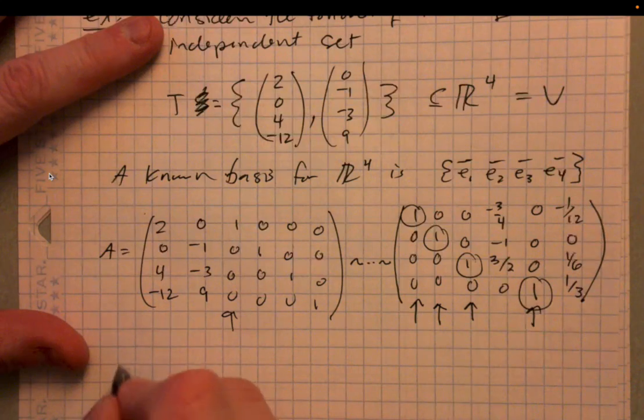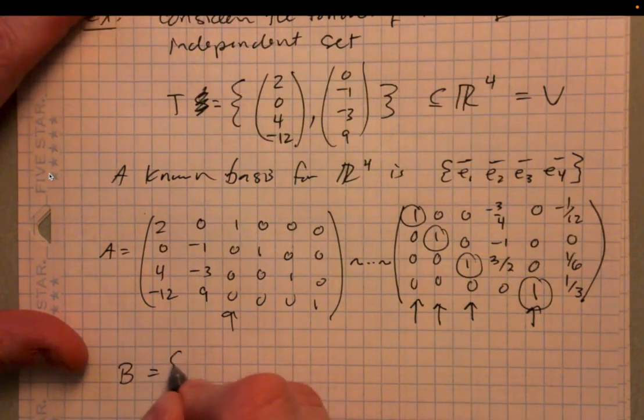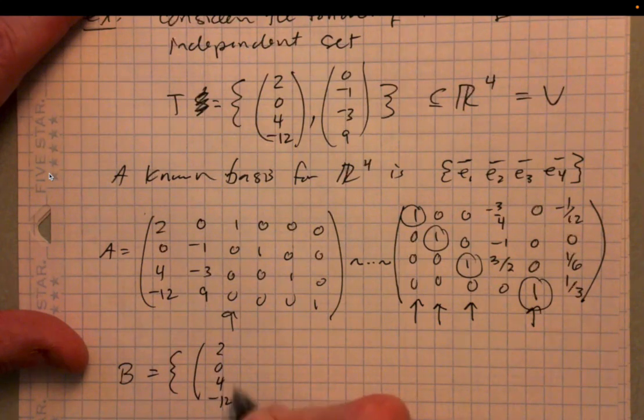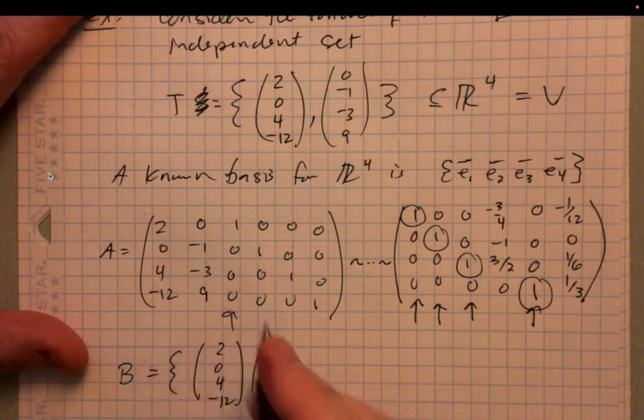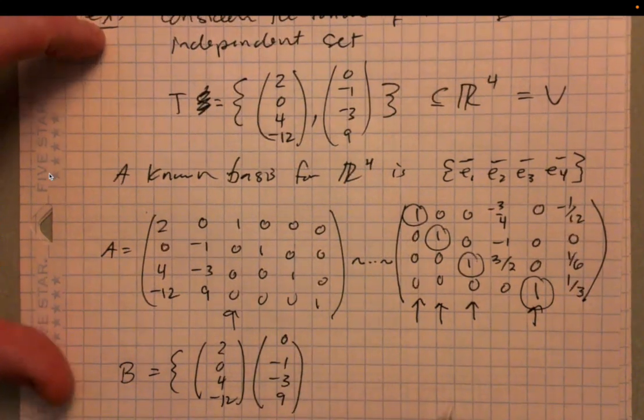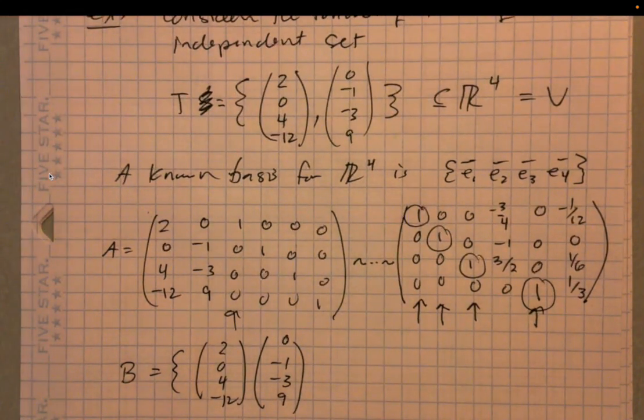It tells me that a basis is going to be (2, 0, 4, -12) and (0, -1, -3, 9). That's my T, so T is a subset of the basis.